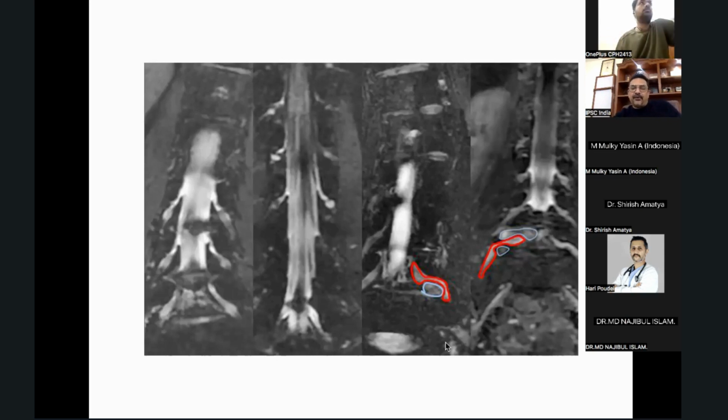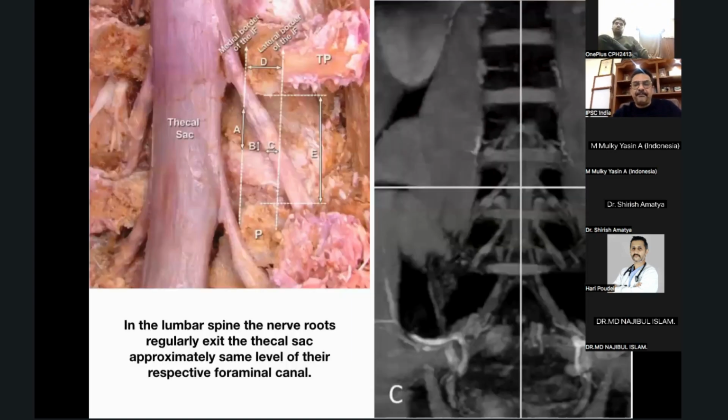By looking at these coronal sections, we can see where this herniation is pushing the nerve, upwards, downwards, medially, laterally, and we can safely go with the interlaminar approach. So it is good to see these coronal images also.